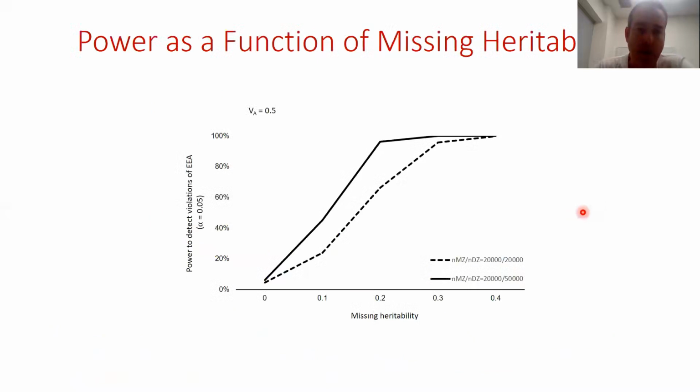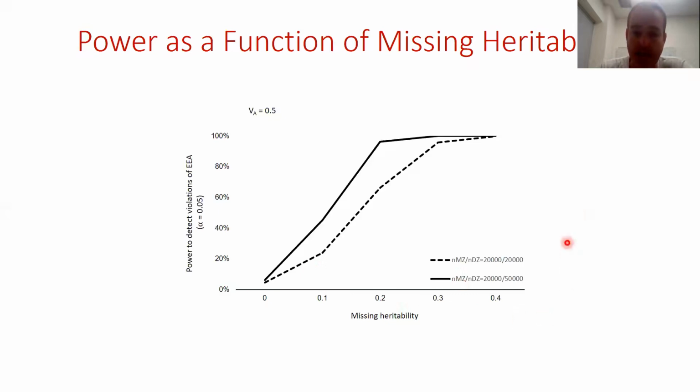This is a graph just looking at power to detect violations of the equal environments assumption as a function of missing heritability. So if we were interested in the degree to which violation of the EEA might be an explanation for missing heritability, this is a graph that informs on this.